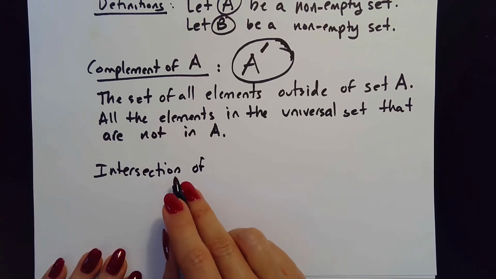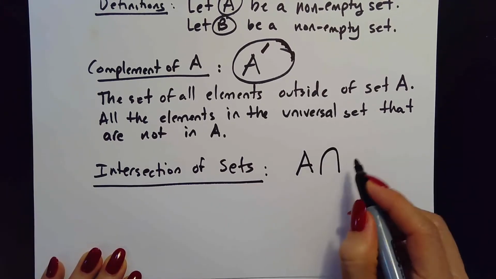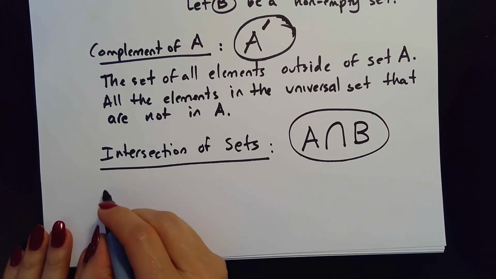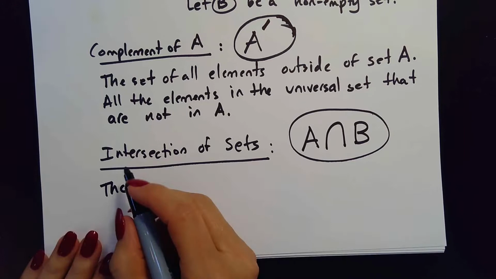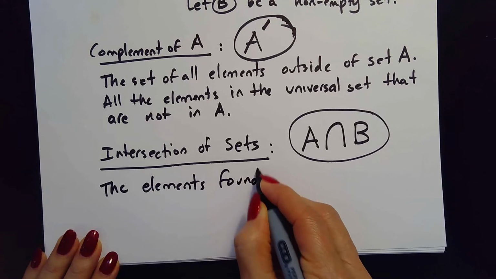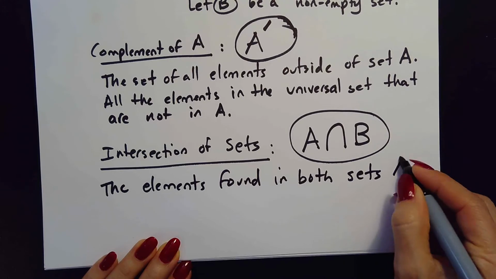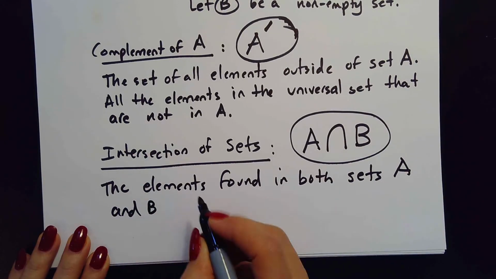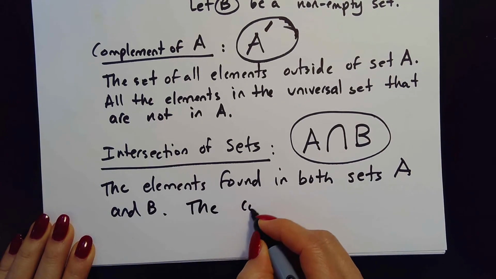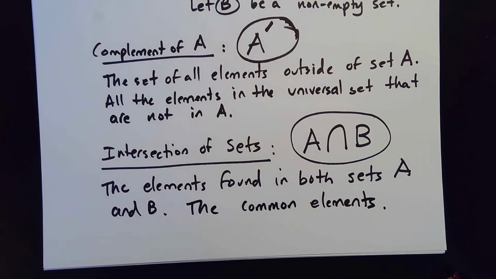Now, the intersection of two sets. This is A intersected with B. That's the notation. This is the elements common to both A and B. So the elements found in both sets A and B. That means the common elements, the elements that they have in common.